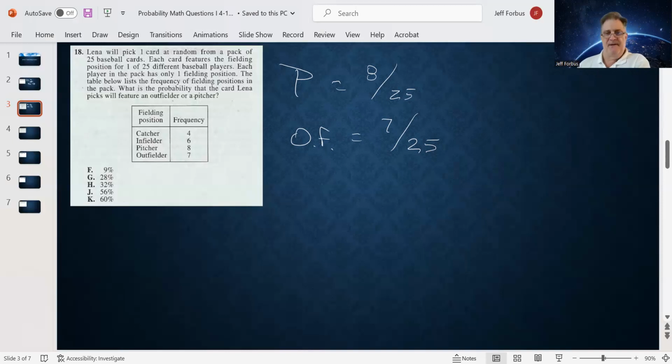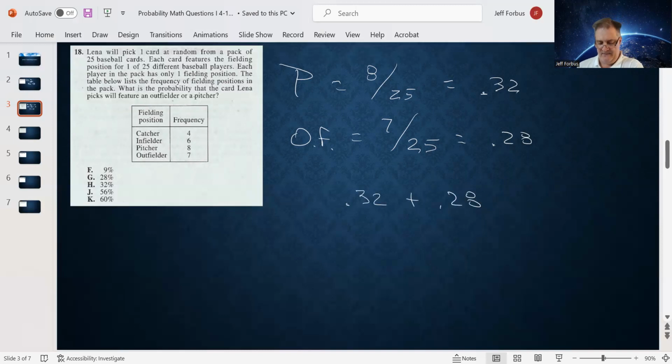Now, 8/25 is equal to 0.32. 7/25 is equal to 0.28. To get the probability of one or the other, we're going to take 0.32 and add it to 0.28.